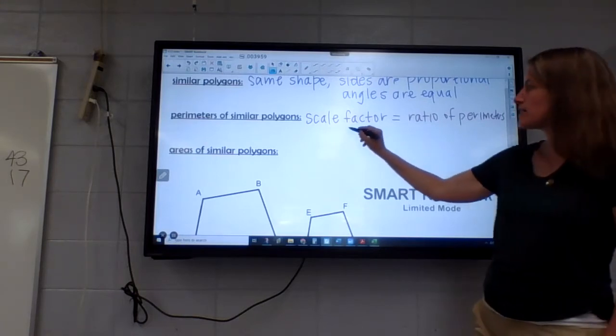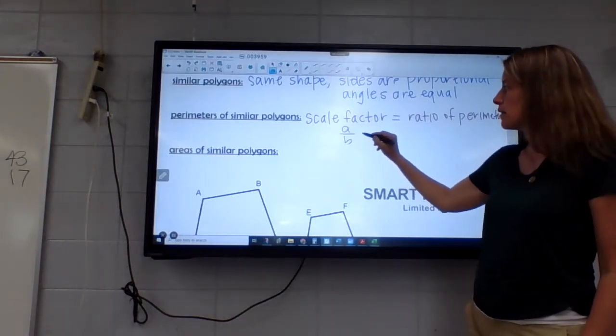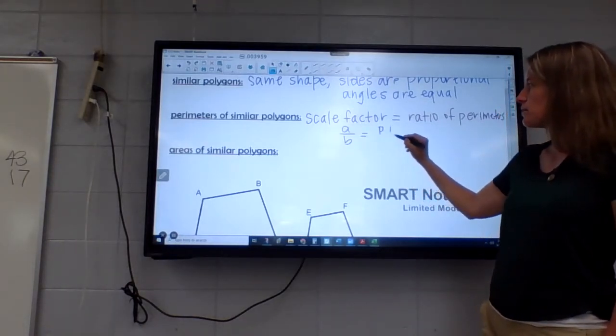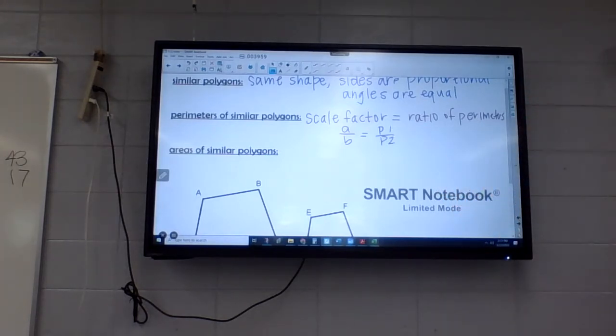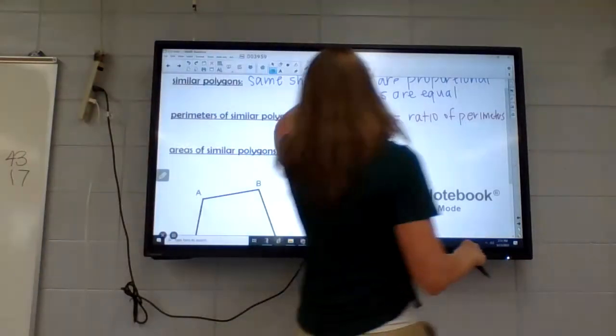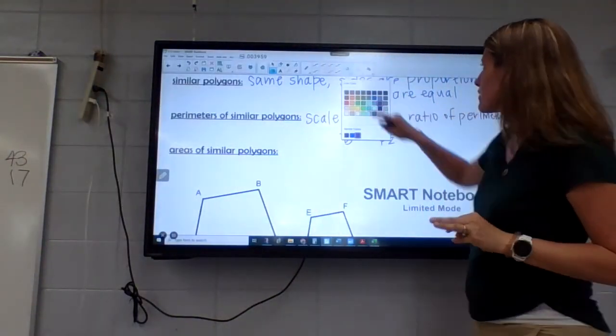So like if I have a scale factor of A to B, the perimeters should be exactly the same. So like 1 to 2. But for the areas, it's trickier. And that's what I was trying to get to work in the warm-up, and I can't figure out what I did wrong in the warm-up, and now it's going to bug me, but I'm sure there's something wrong with the problem itself.